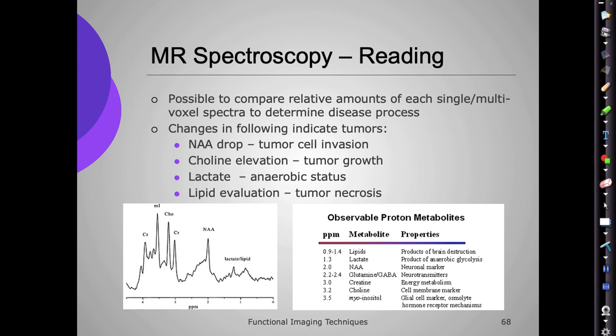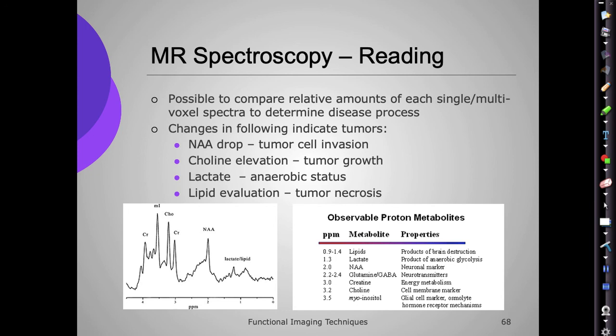So when reading these spectrums that are produced as you scan, it's possible to compare relative amounts of each single or multivoxel spectra to determine the disease process. So this is going to help when determining the diagnosis. We know that there is pathology there.